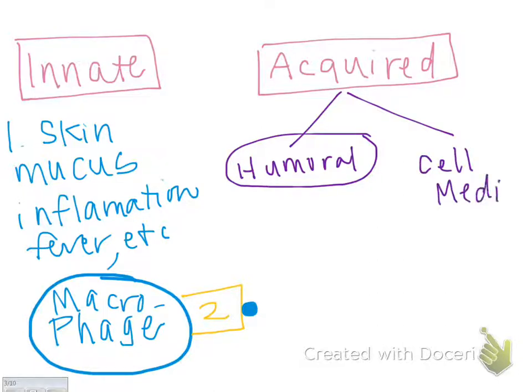Remember I told you when a virus infects, you have viruses that are floating in the blood, and then you have viruses that are in cells already. So your immune system's got to be able to get rid of both of those. So the humoral response is going to involve your B cells.